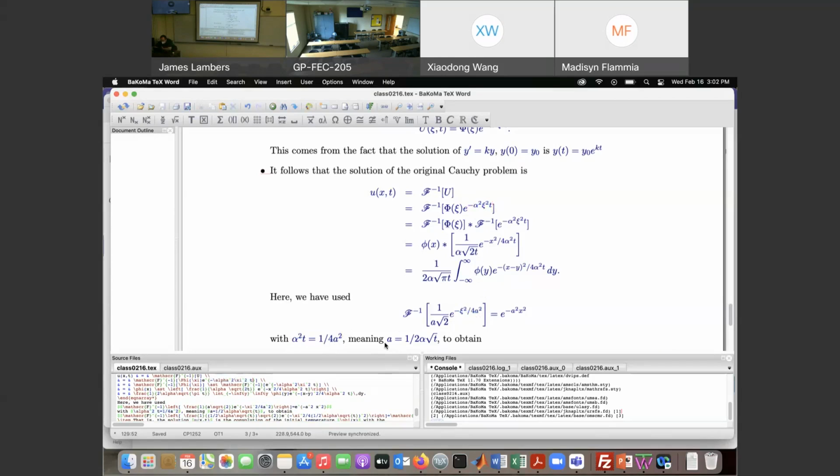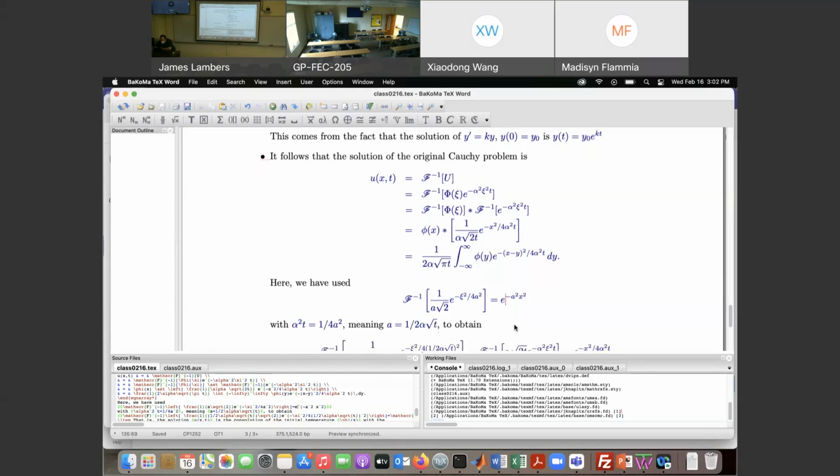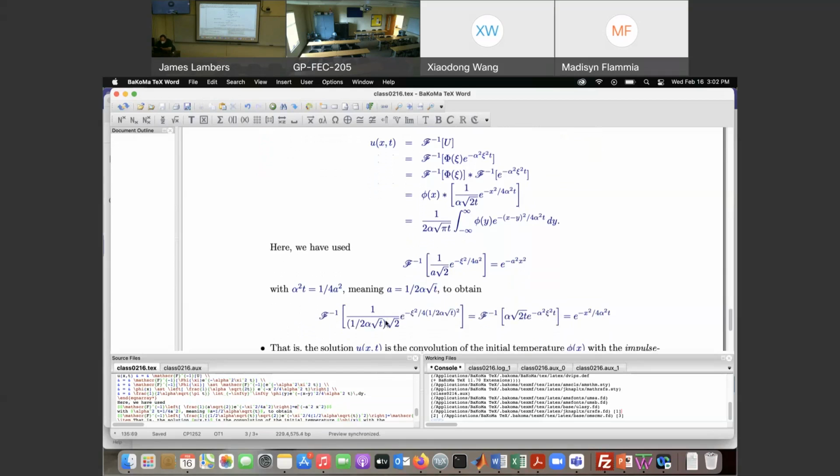Actually, no, sorry, not alpha, a. The a in this rule is what I want to solve for. So I go ahead and solve for it. And whatever expression I get for a, I can substitute into the inverse transform. And that's what I've done.